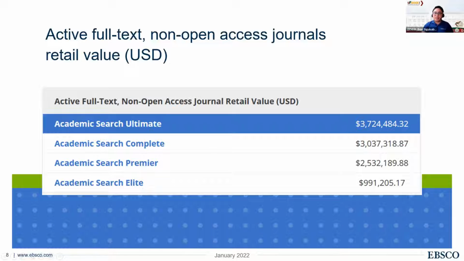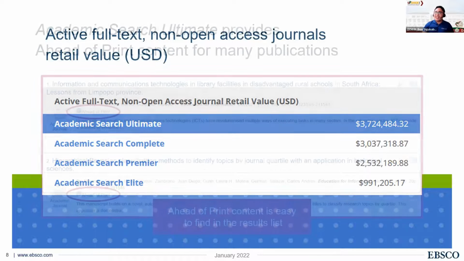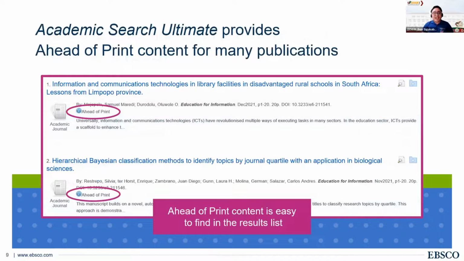And the next thing that I would like also to add in here is that Academic Search, or ASU, provides you ahead of print content from many publications. So what does it mean? AOP, or ahead of print articles, are those that are listed electronically before becoming available, po, in print issue.